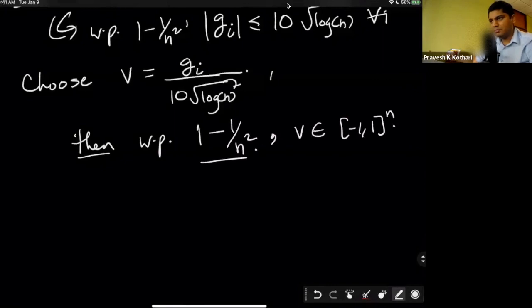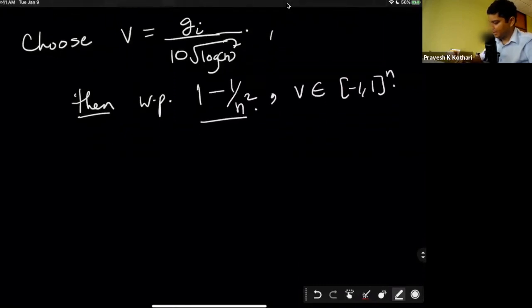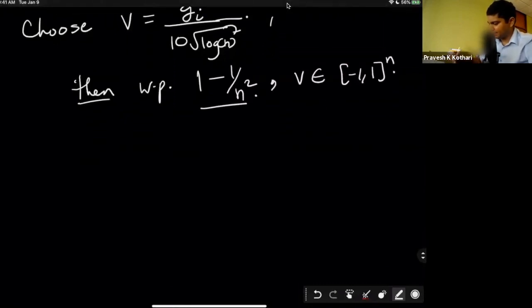So that's good. We wanted to round to a vector in the solid hypercube, and it seems like we'll get that, except with some very tiny probability. And so now, let's understand what happens to the quadratic form.